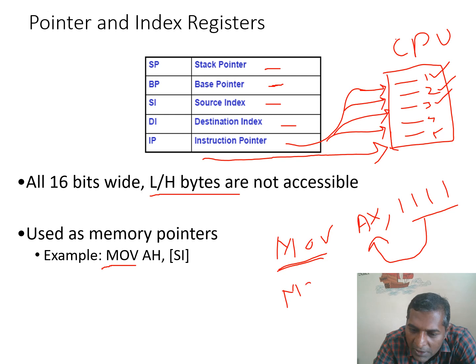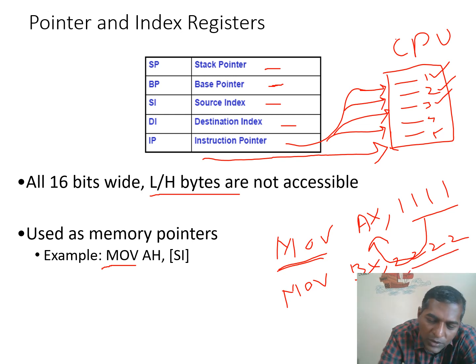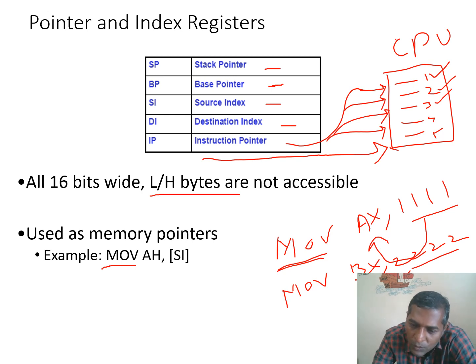Then I will write another instruction, MOV BX, 2222. This 2222 information has to be transferred into BX. So we have got 1111 in AX and 2222 in BX. Then we add: ADD AX, BX.